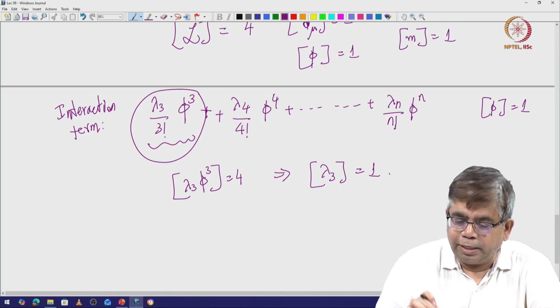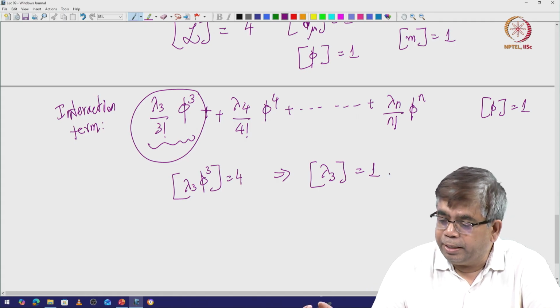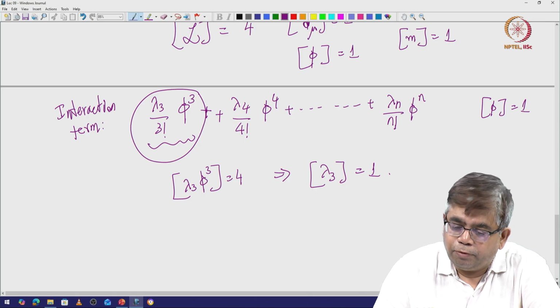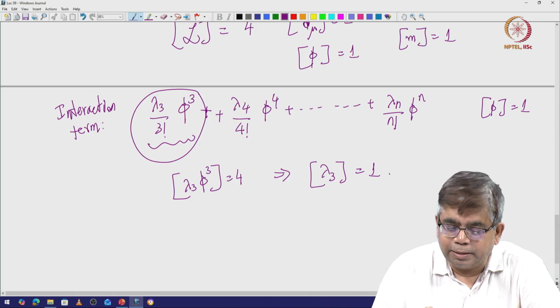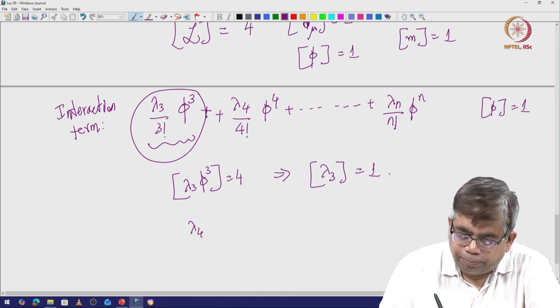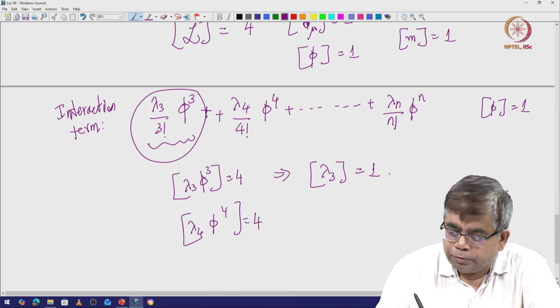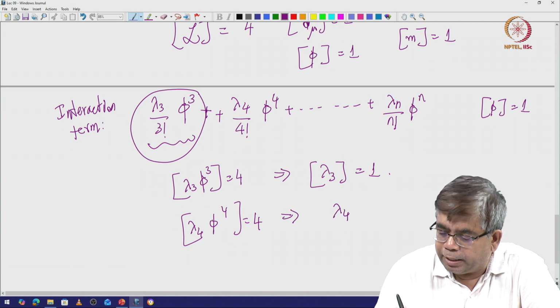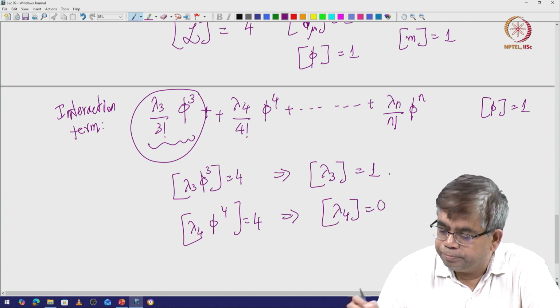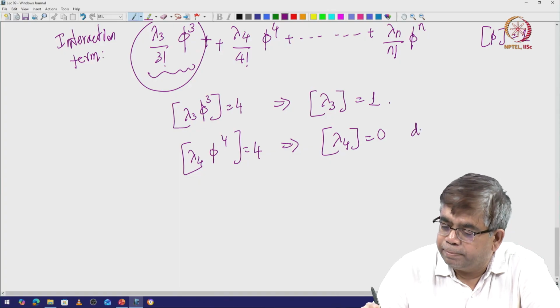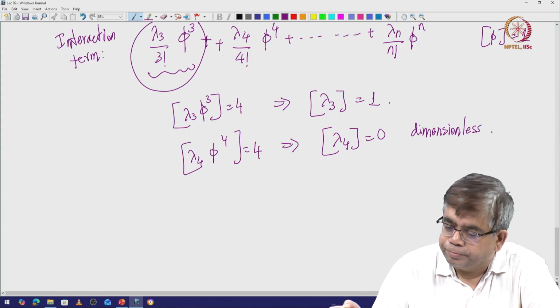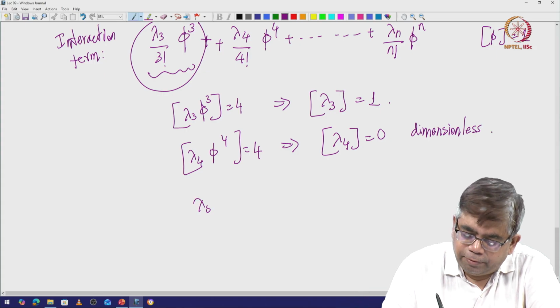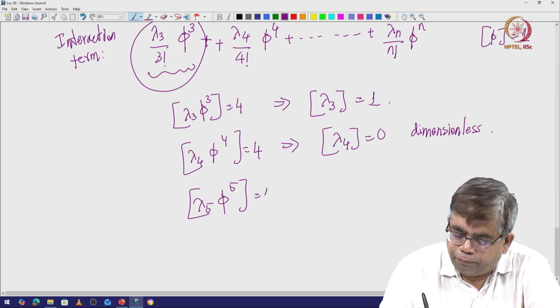If you do the same analysis term by term, lambda 4 phi to the power 4 should also have mass dimension 4. This implies lambda 4 has mass dimension 0, so this is dimensionless. And lambda 5 term should be 4.